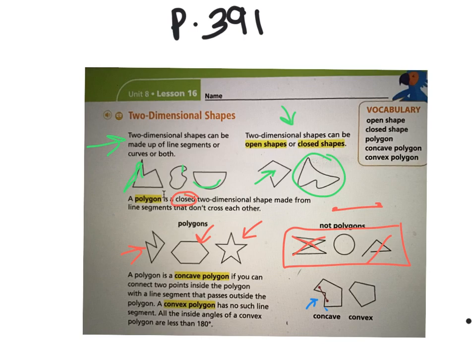It has no such line segment and it's all inside, and the angles, and you'll get to angles in a little while, all the angles inside of a convex polygon are less than 180 degrees. So less than 180 degrees is a convex polygon. So you have just learned what an open shape, closed shape, polygon, concave polygon, and a convex polygon are.